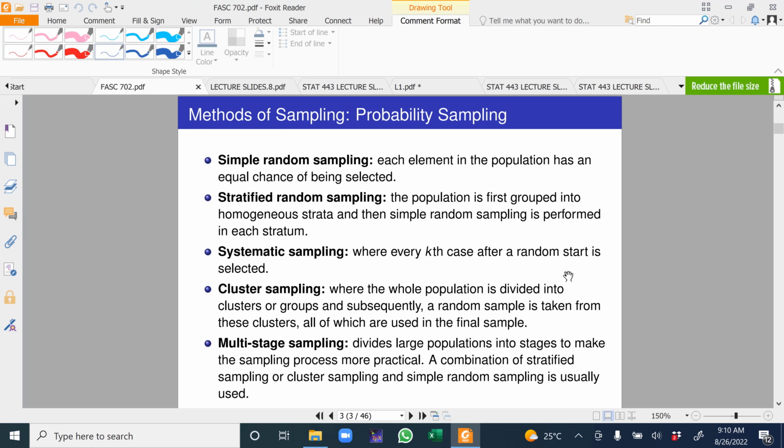And then from these groups or clusters, you can pick a random sample that you are going to use to make your observations. Now, in cluster sampling, it's almost the same as, in principle, is the same as stratified sampling. The difference is how you identify your samples.